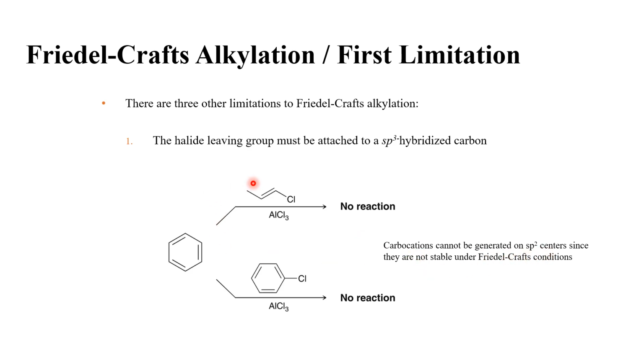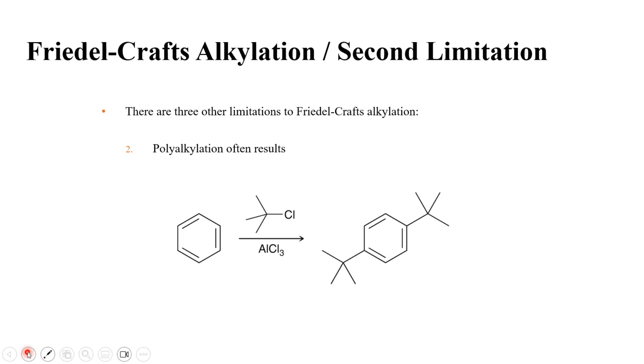They're just not stable at all for Friedel-Crafts conditions. Just won't work. So that's a limitation with Friedel-Crafts, right? We just saw the other limitation before, that you can get rearranged products. This one is just the limitation on the types of alkyl halides you can use.